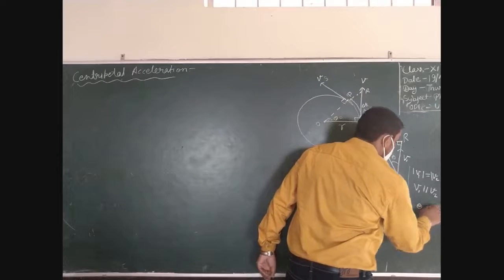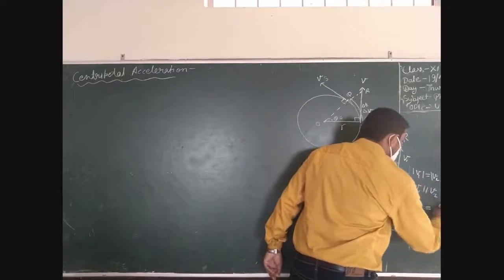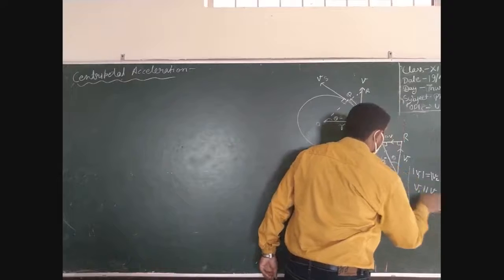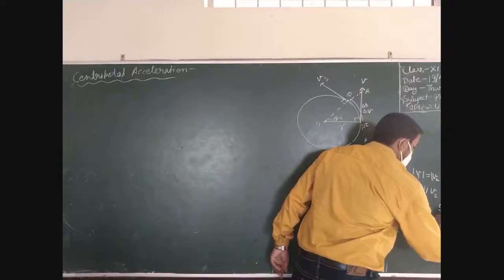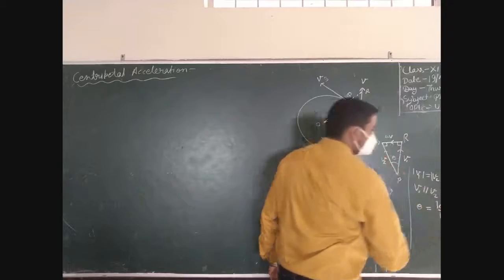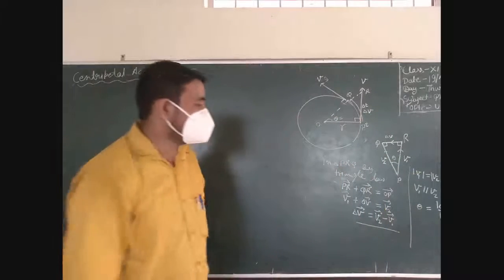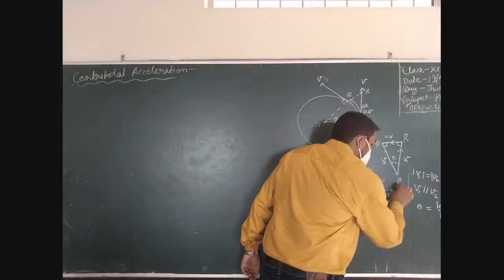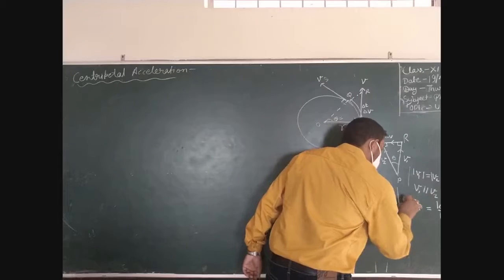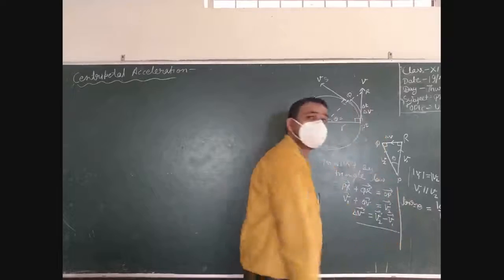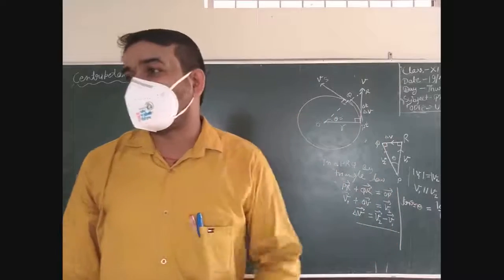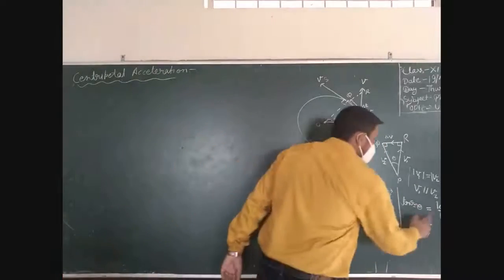This theta is equal to del v upon the magnitude of v. Just write this one. Actually this is tan theta, and we have taken theta as small, so this is taken as theta.